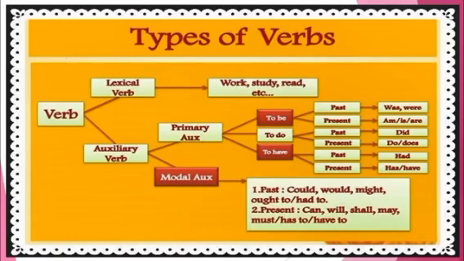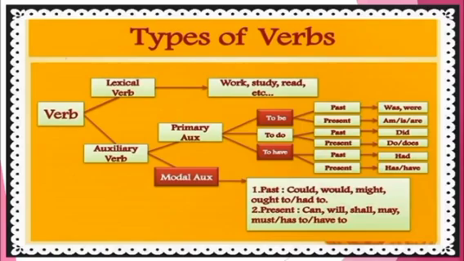In do verbs, in past form we have did. In present form we have do, does. In have verbs, in past form we have had. In present form we have has or have.